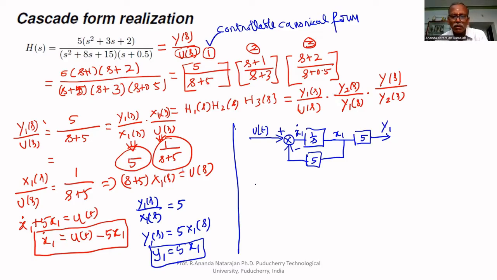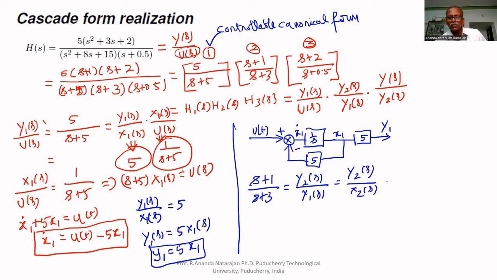Now consider the second part, s plus 1 upon s plus 3. That is equal to Y2 of S divided by Y1 of S. Therefore, Y2 of S upon Y1 of S is equal to Y2 of S upon X2 of S multiplied by X2 of S upon Y1 of S, equal to s plus 1, and this is 1 by s plus 3.